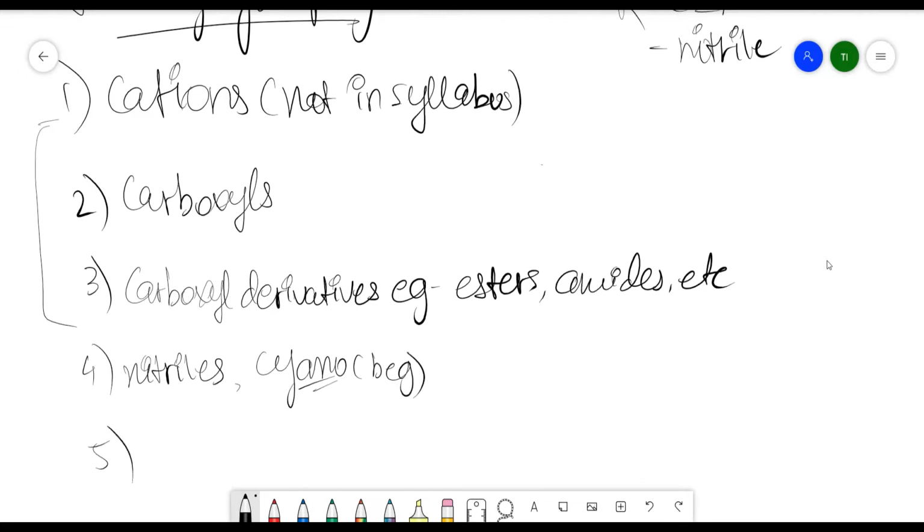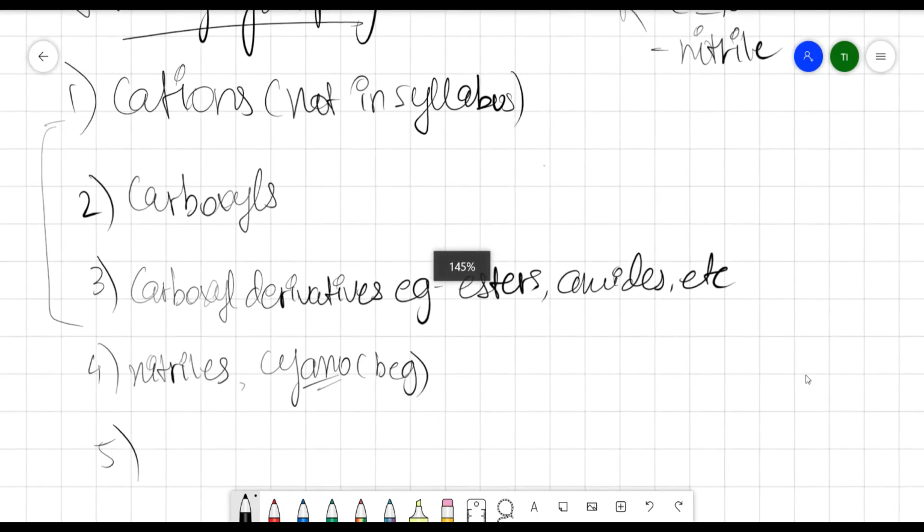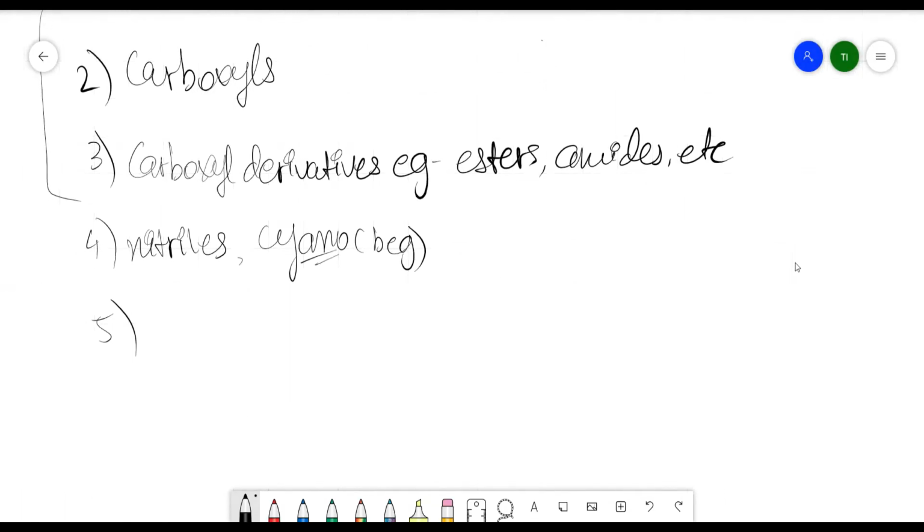So let's say you have a carboxylic acid and a nitrile in a single compound. The compound would be cyano something oic acid. The fifth most priority is given to aldehydes, I believe. And the sixth most priority is given to ketones.